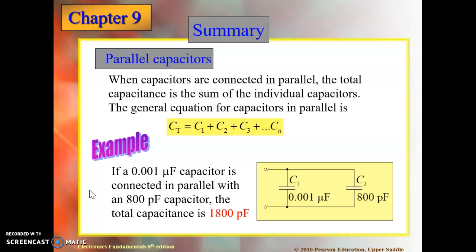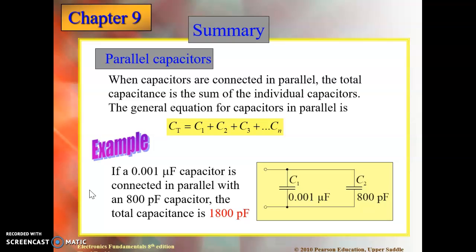Capacitors in parallel add up like resistors in series. So that's very interesting how that happens. Then they give us an example. So we have here 800 pico, and then we have 0.01 micro. So we say 0.001, so we get that we have 1,000. We just add them up.